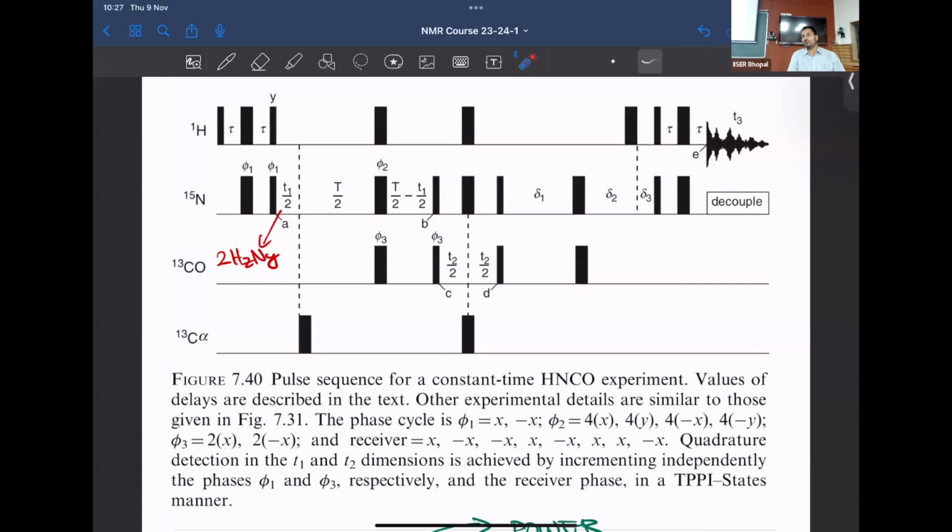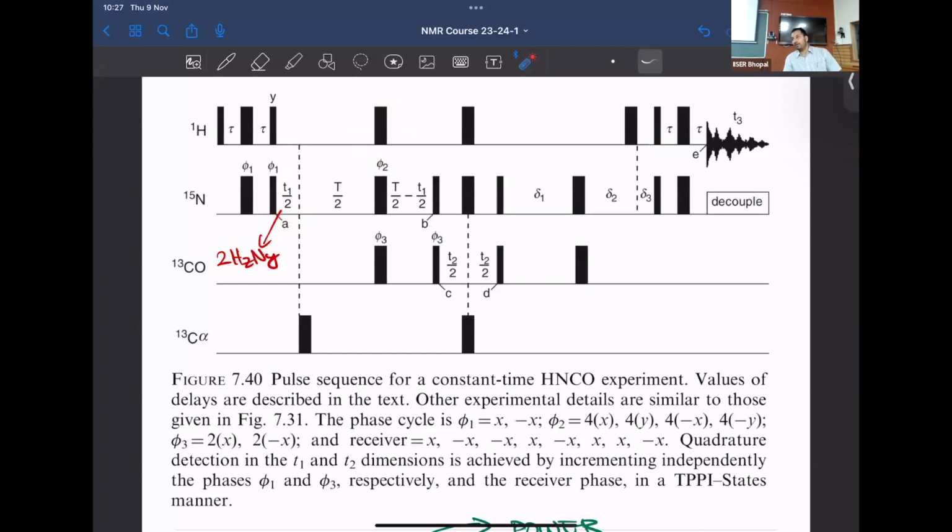The advantage of this module is that in addition to getting the chemical shift evolution of nitrogen, it will also do the scalar coupling evolution of nitrogen to carbonyl in this duration. That's where the simultaneous 180 helps. And at the same time, this 180 will also help decouple the proton from nitrogen with respect to the T1 axis.